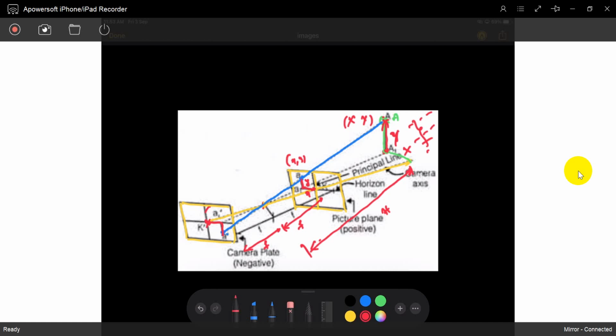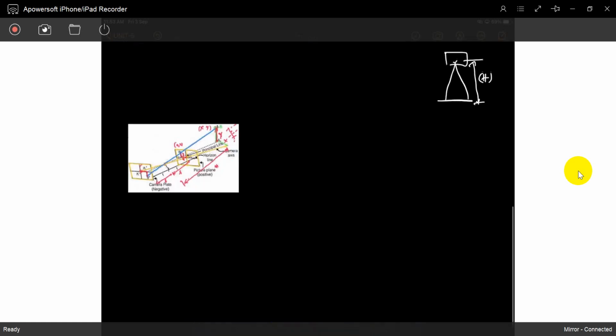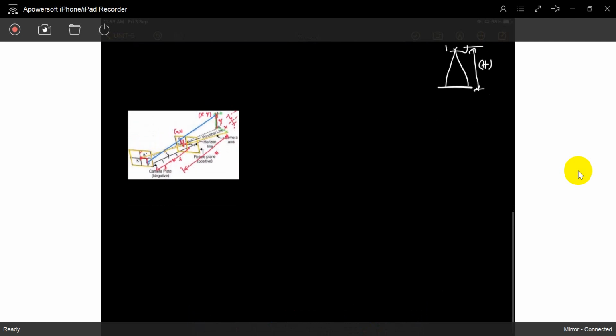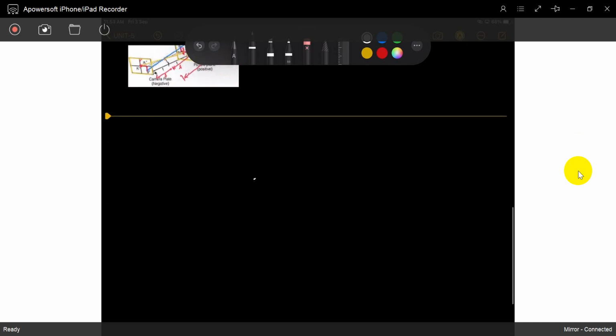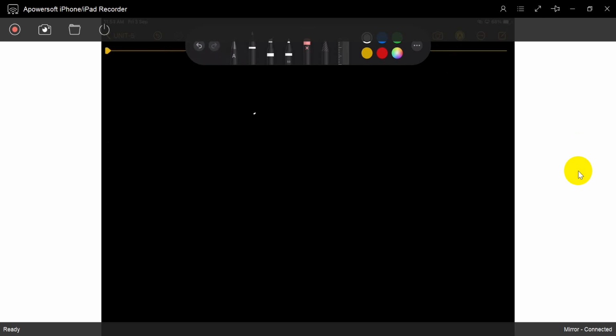Otherwise we will do the photo. To draw is somewhat difficult, I feel that. This is a positive plane.